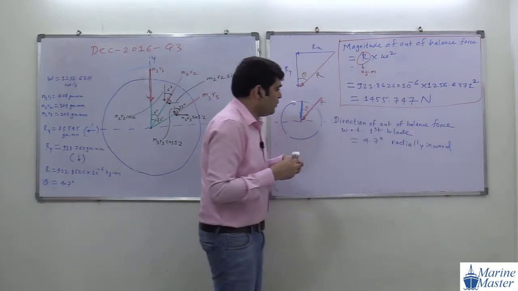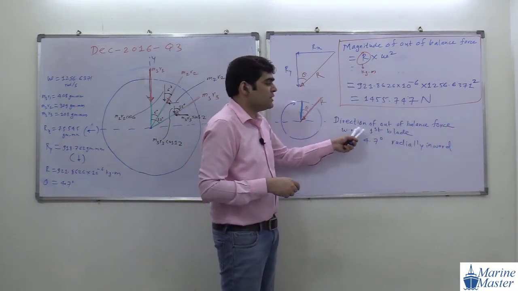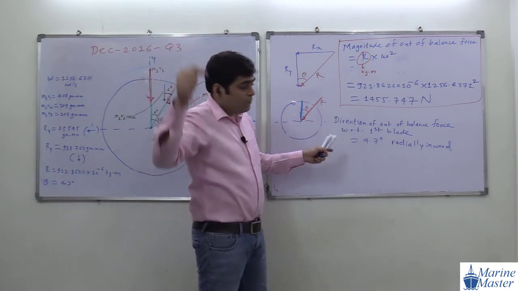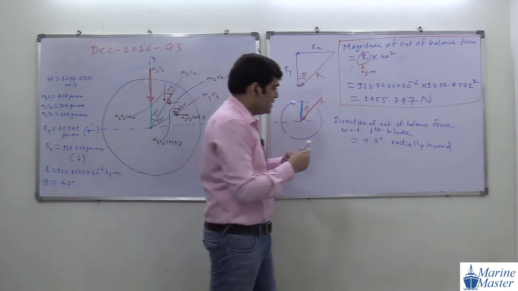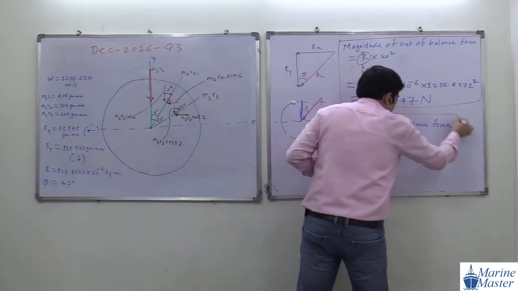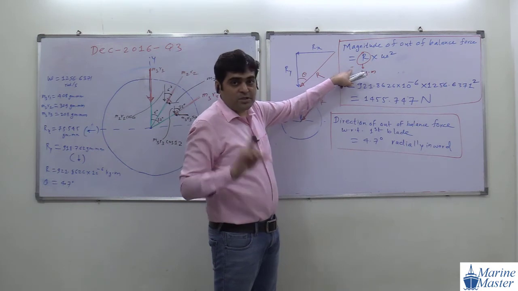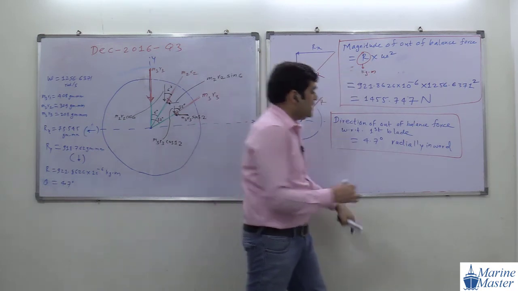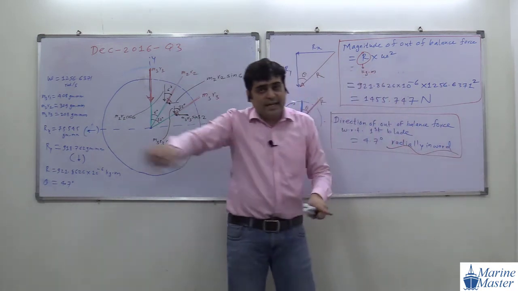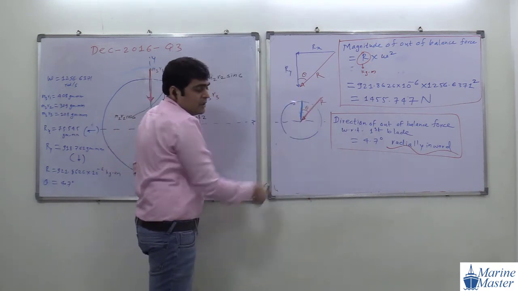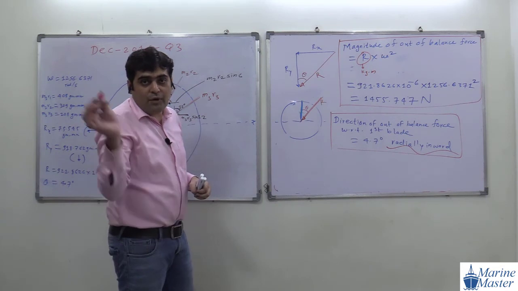Are you getting my point? Direction of the out of balance force with respect to the first blade. There are 3 consecutive blades, and out of that, the first blade, 4.7 degrees radially inward. Any doubt in this discussion? Here R must be in kg meter. Till now it was radially outward, but here it is radially inward, which is why we have shown this drawing also. Why radially inward?